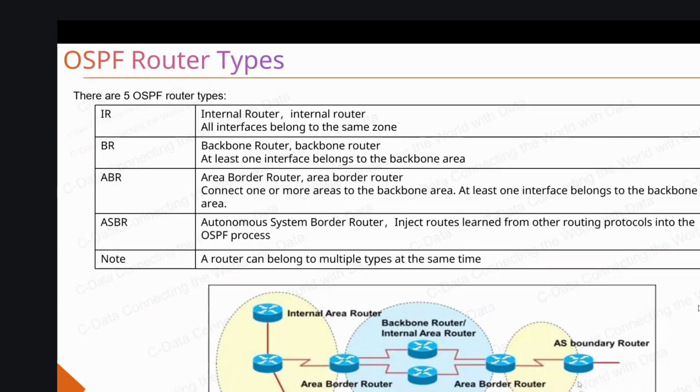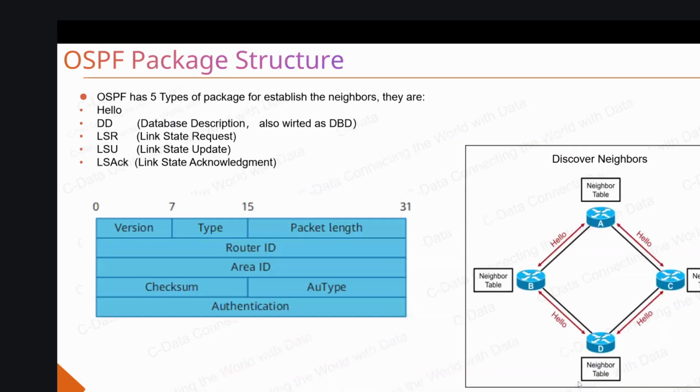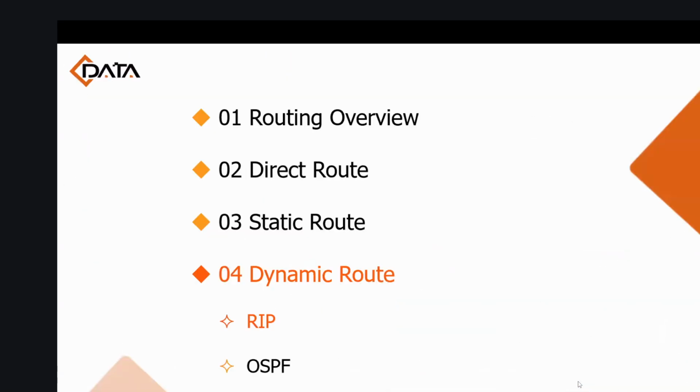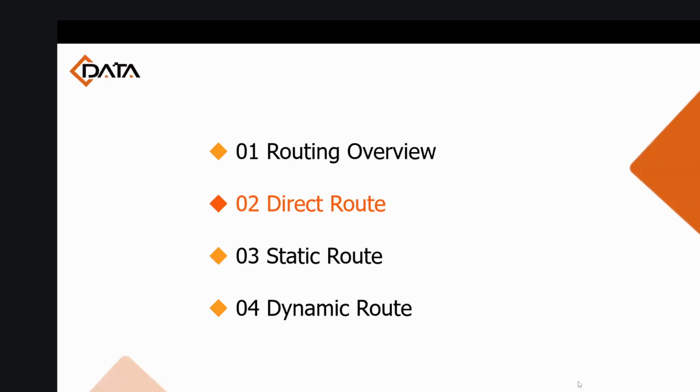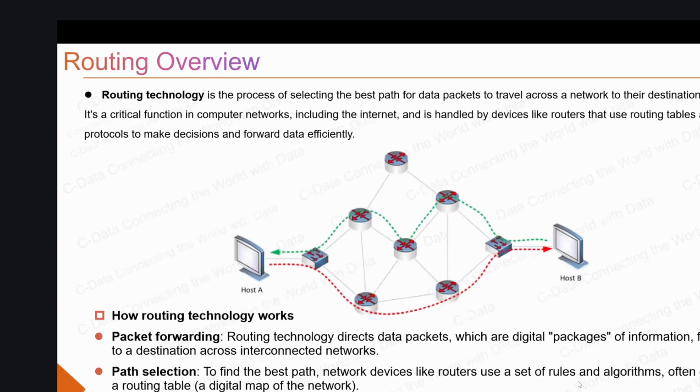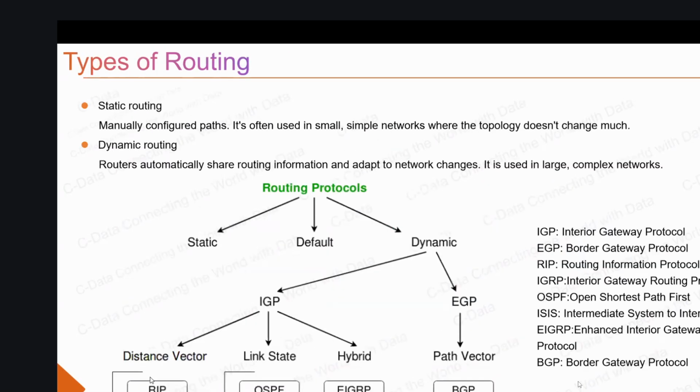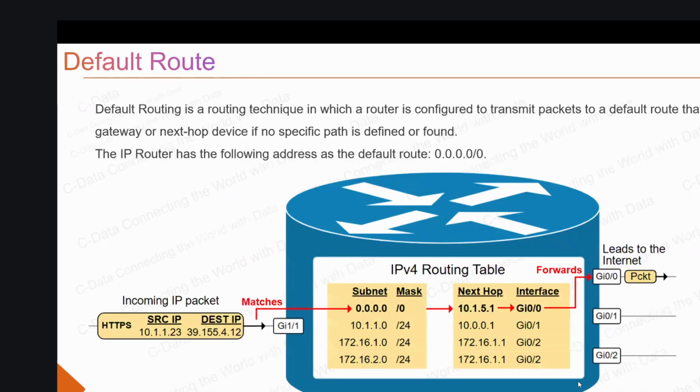Maybe the protocol OSPF is a little complex, right? But anyway, this is routing. After this presentation, I think we can understand how the router works. It uses the router table, and what is inside the router table?